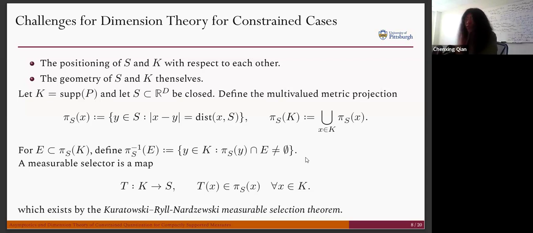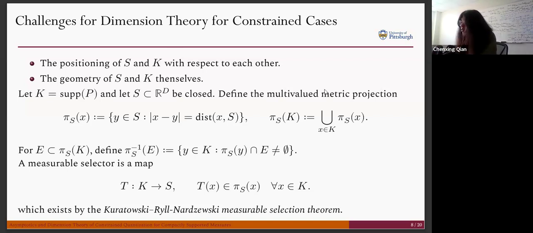So to study how the positioning of S and K and the geometry can impact the quantization dimensions, here we introduce the notion of the metric projection.